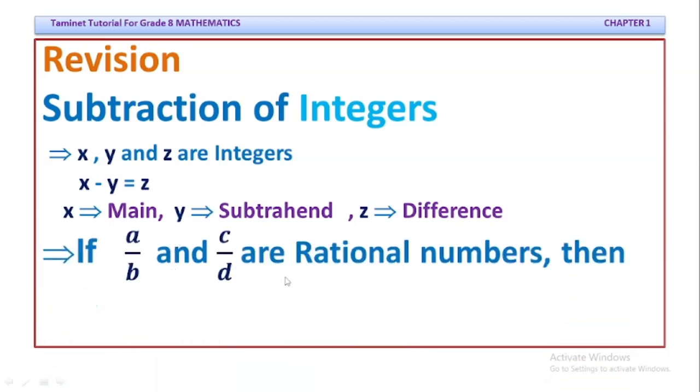If a over b and c over d are rational numbers, then addition is the inverse operation of subtraction, or subtraction is the inverse operation of addition.